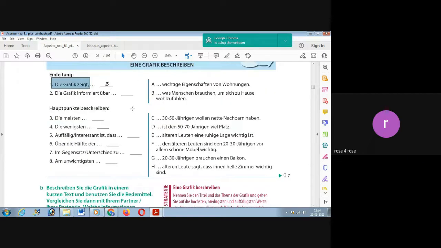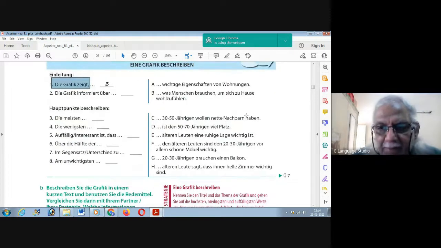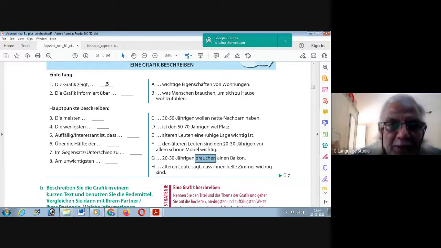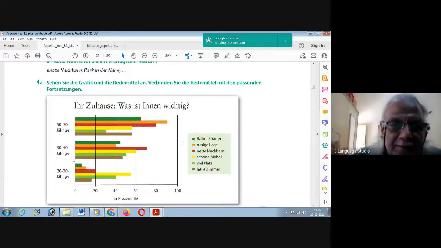And then you come up with these things. Sie wollen nette Nachbarn haben, viel Platz ist wichtig, brauchen. Ja, sie brauchen einen Balkon, die anderen brauchen das nicht. Sie finden das nicht so wichtig.